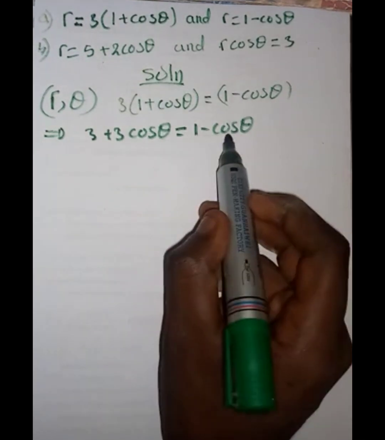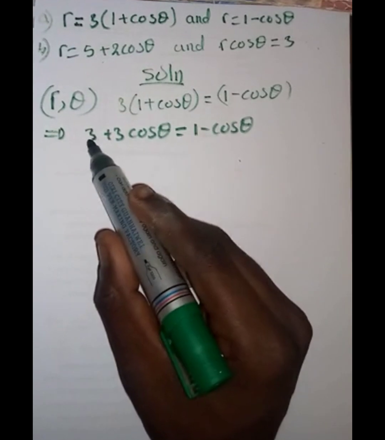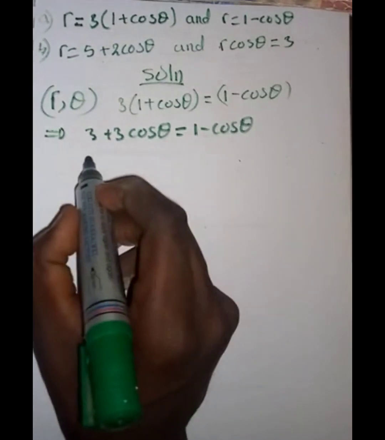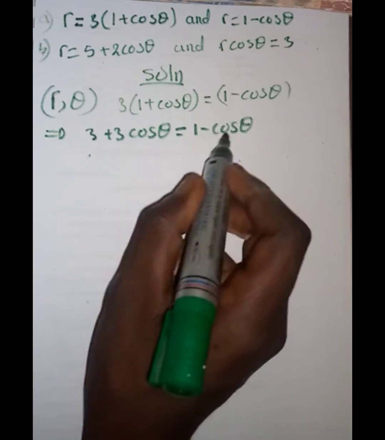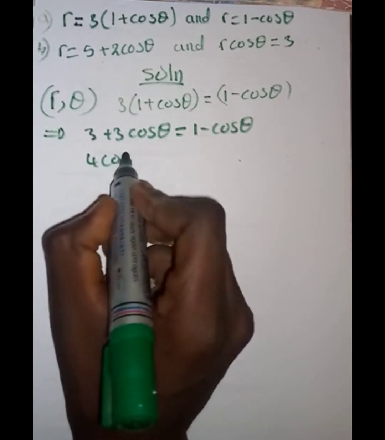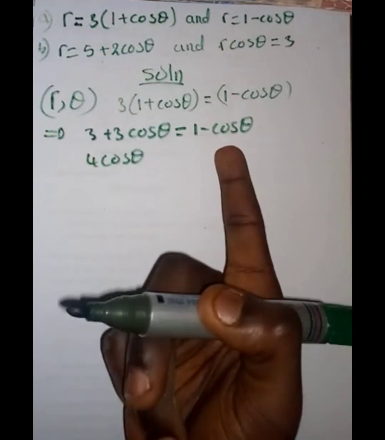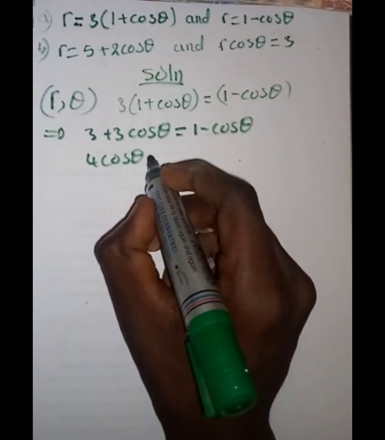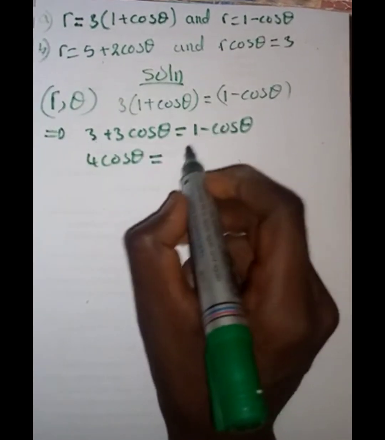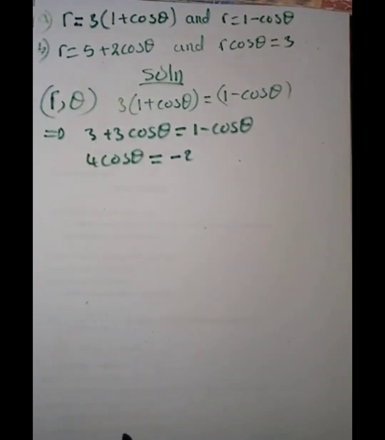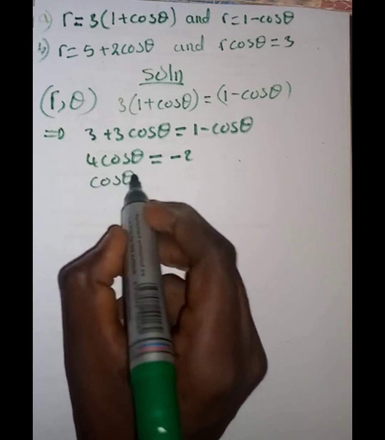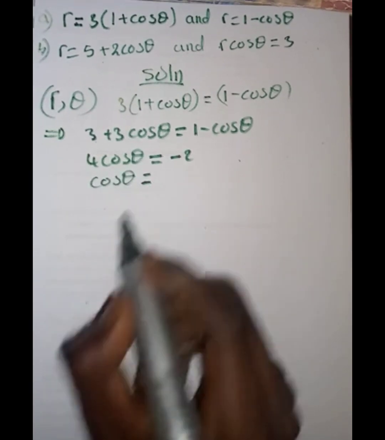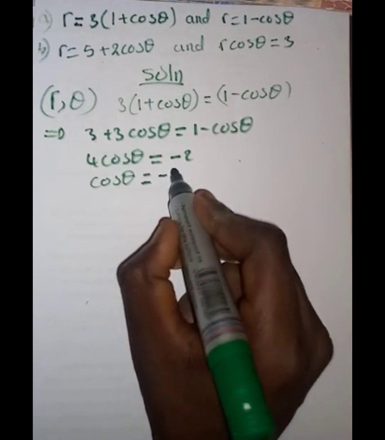If I bring negative cos theta this way and send 3 that way, this is going to give me 4 cosine of theta equal to, 2 goes that way, negative 2. So I'm going to divide all through by 4, and I'm going to have cos theta equal to negative 1/2.